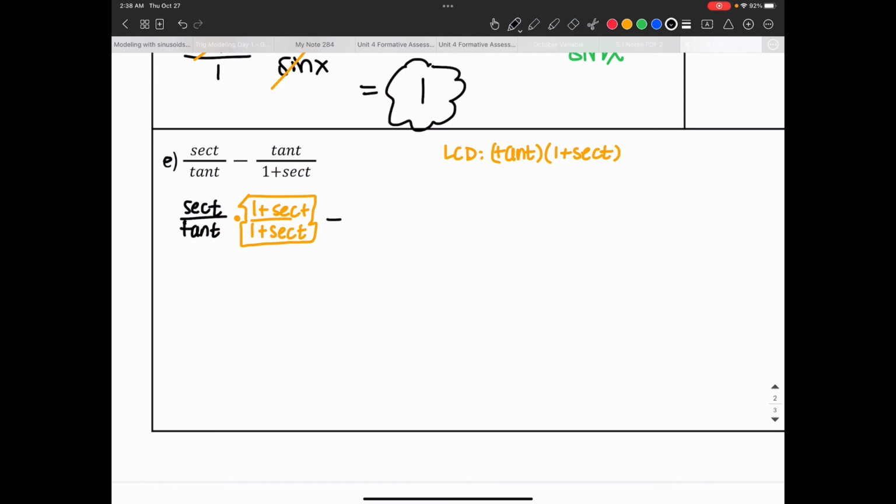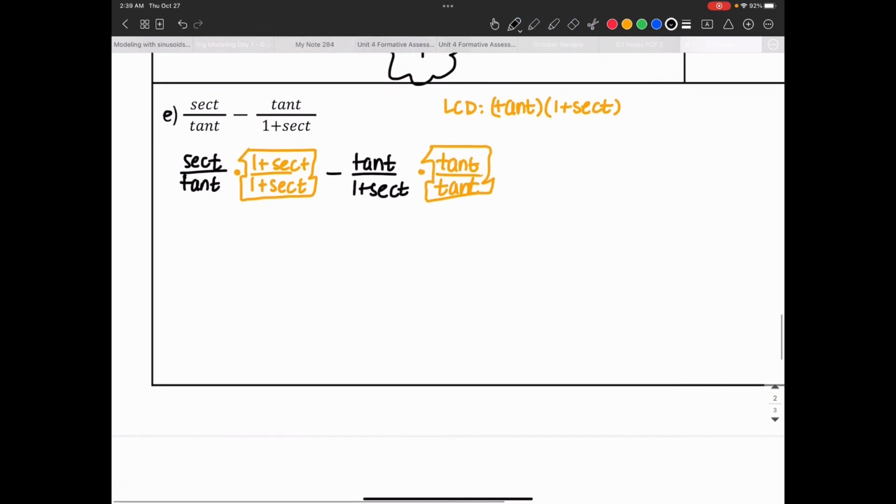I'm subtracting tangent of t over 1 plus secant of t, and I want to change that denominator to be this. So I need to multiply that denominator by tangent of t. And if I do that in the denominator, I'm going to have to do that in the numerator, to make it a giant 1 that I'm multiplying by, so that the value of that fraction doesn't change.